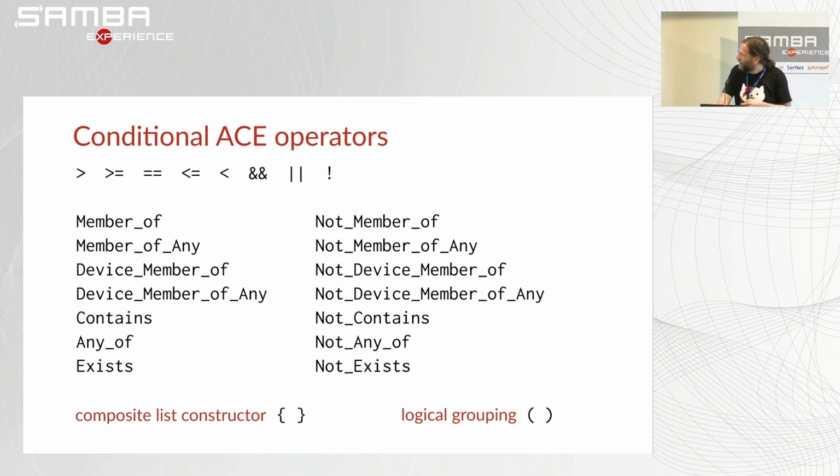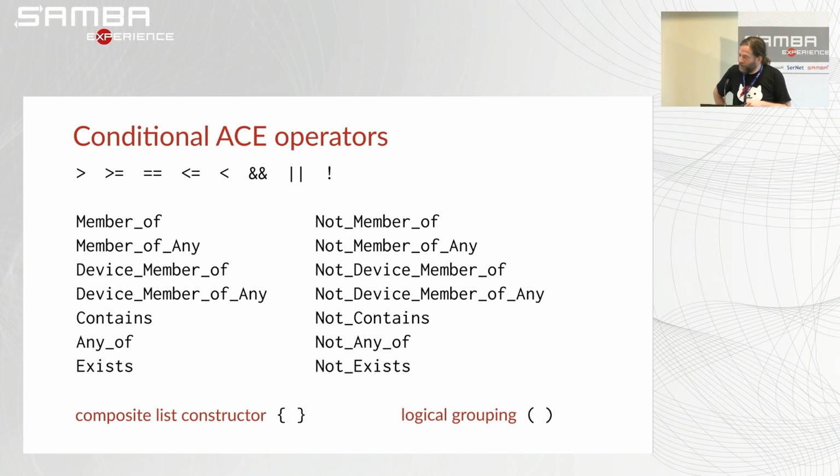These are the kind of operators you have. You have various comparisons, and an or and not, and most of these are self-explanatory. So member of means member of all, and device member of, which you kind of learn.